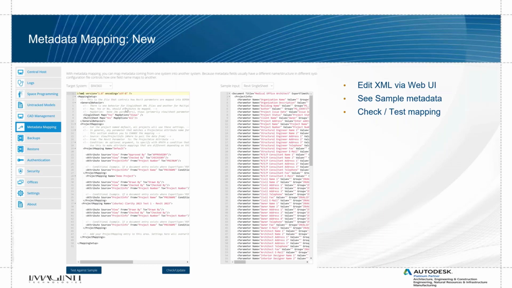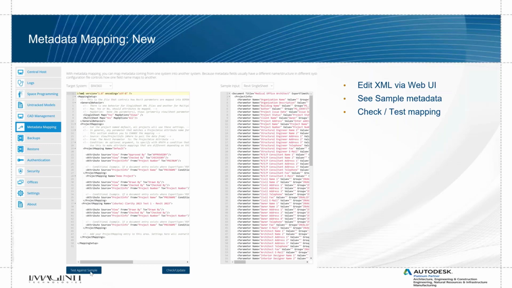But this lets you edit the configuration file on the server page, set up whatever the mapping is, whether it's for all projects or for a specific project. And then also it gives you samples of what the data looks like that we expect to see out of Revit or out of ProjectWise or out of BIM 360.